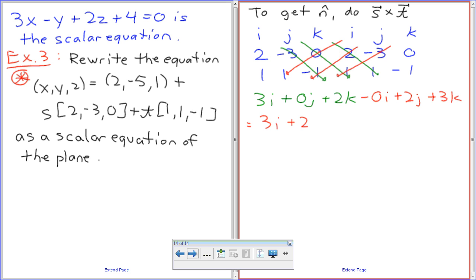So 3i plus 2j plus 5k, which is my direction vector, so n hat. Okay, so we've just found out what the normal is, which is happy days.